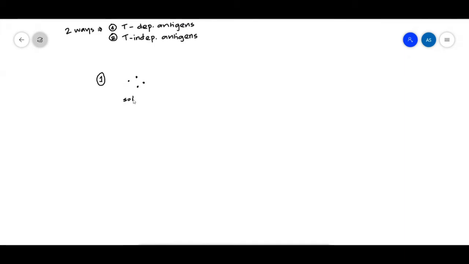So we're going to have these soluble antigens in blood, which basically means that they can be dissolved in blood. The soluble antigens could refer to these substances like peptides that are produced by, for example, bacteria, or they could refer to the bacteria themselves.